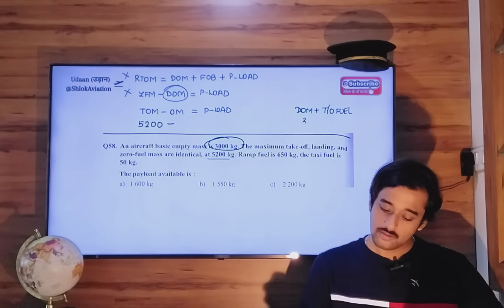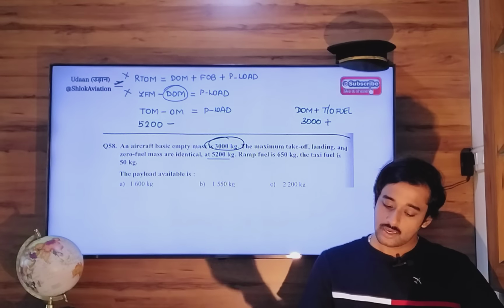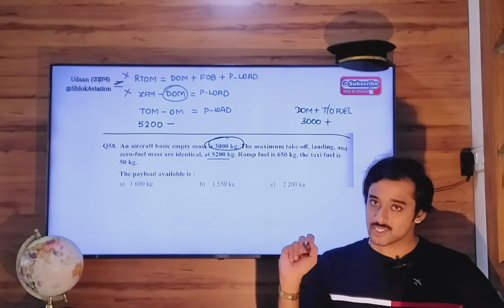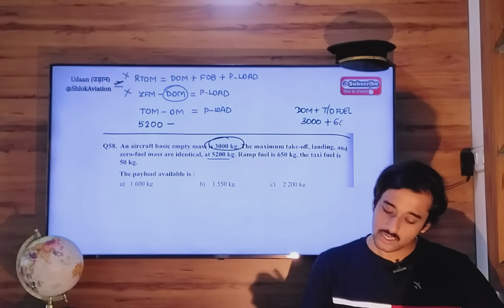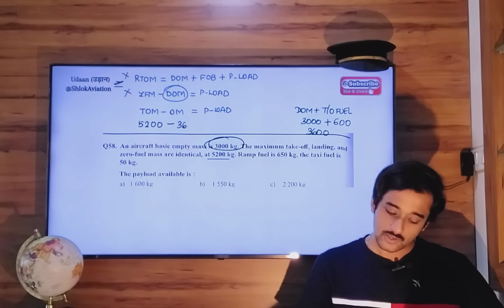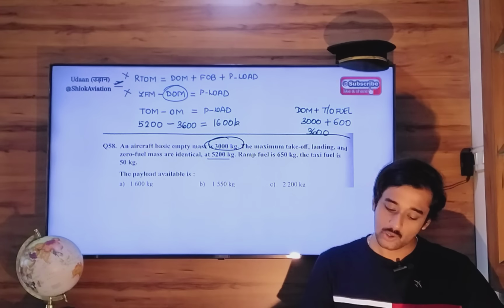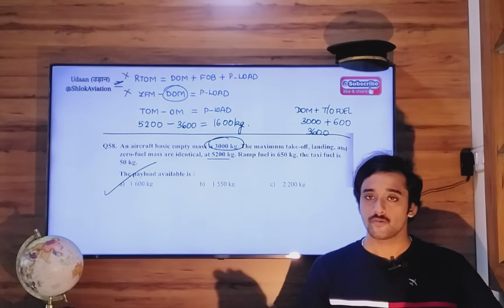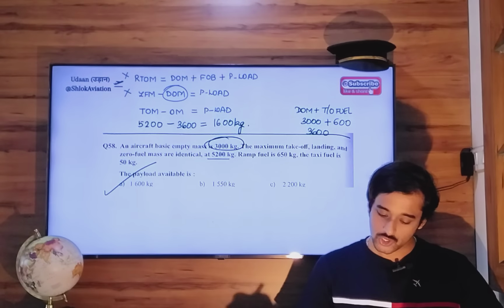So 3000 plus takeoff fuel, which is ramp fuel minus taxi fuel, 650 minus 50, that is 600. So 3600, right? So operating mass 3600 will give us a payload of 1600 kilograms. So option A. Okay, so this can be a possibility.